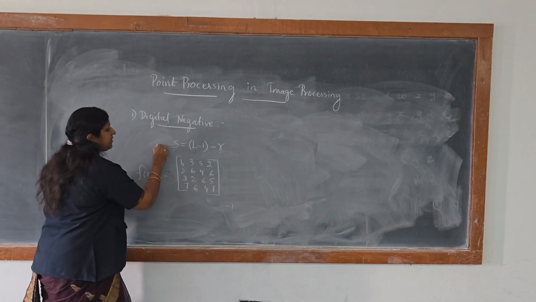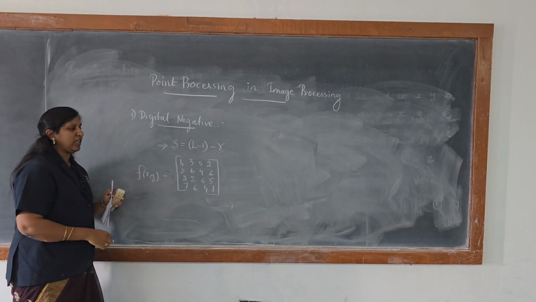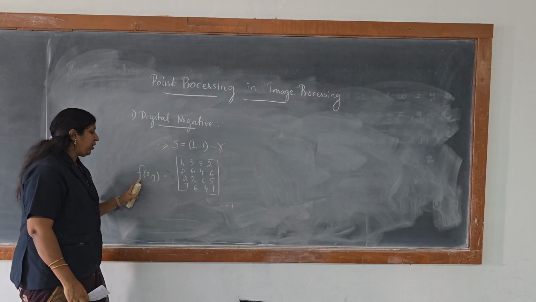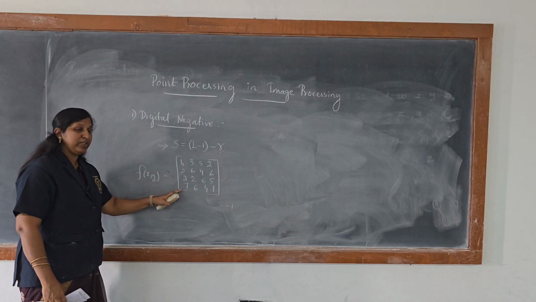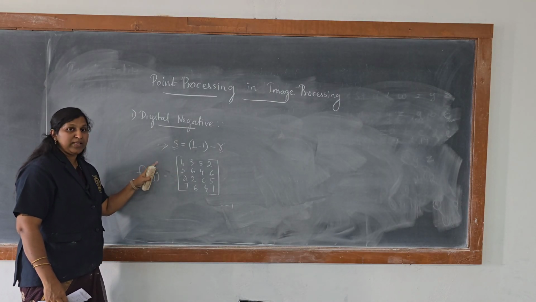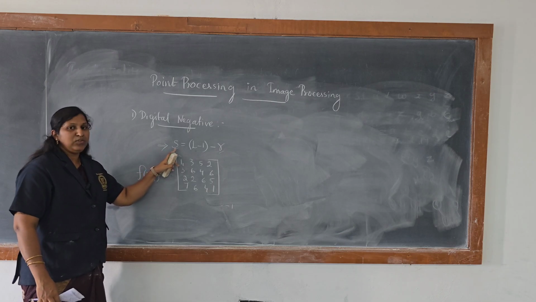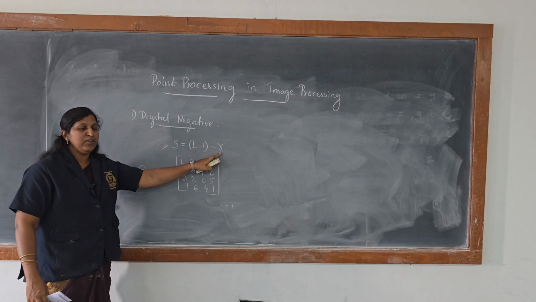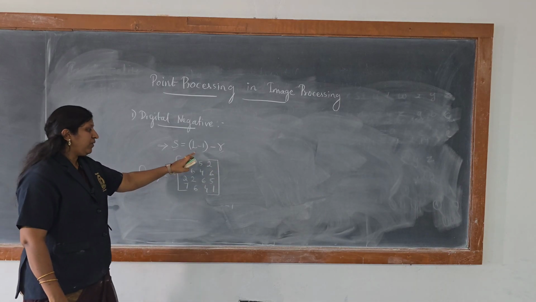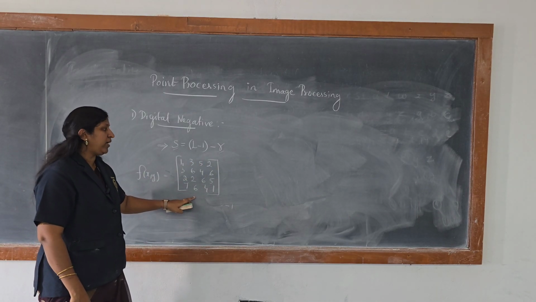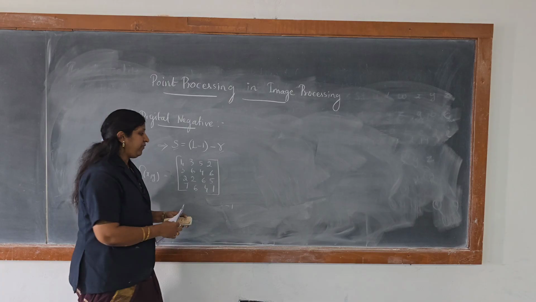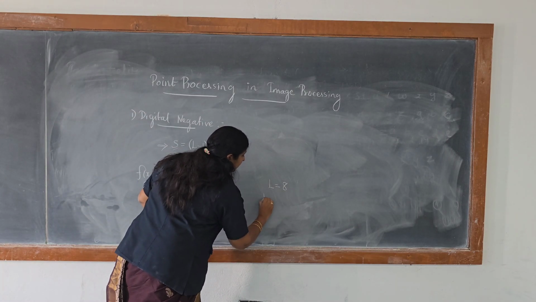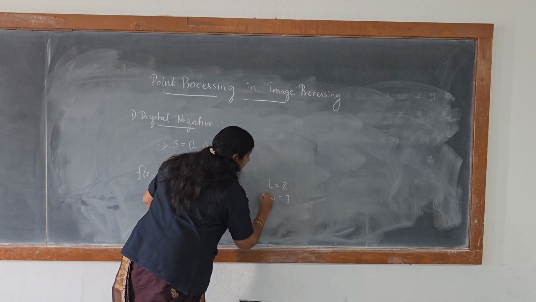Using this relation, we are going to get the transformed form of the original image f of x comma y. Your input image is f of x comma y, and we are going to get g of x comma y, the output image, by doing this calculation S is equal to L minus 1 minus R. In the previous session, I told you that for the same image matrix we calculated the L value as 8. So L minus 1 is equal to 7.